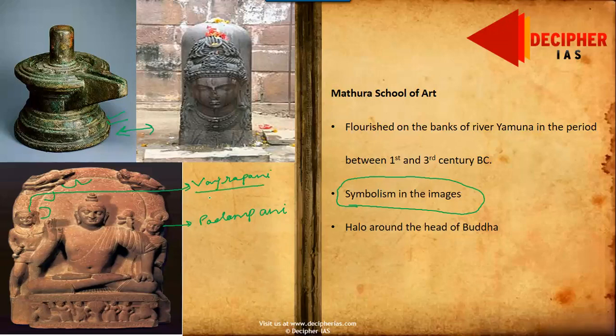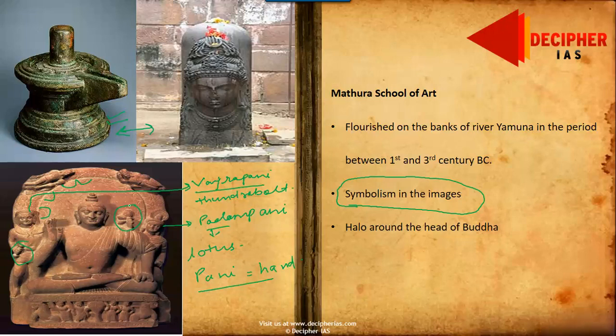Vajra means Indra's Vajra, a thunderbolt, and Padam means lotus, and Pani is the actual Sanskrit word that means hand. So one who has a lotus in his hand is called Padampani, and the one who has a thunderbolt in his hand is called Vajrapani. This is the thunderbolt, Vajrapani. This is the lotus, Kamal, Padampani.